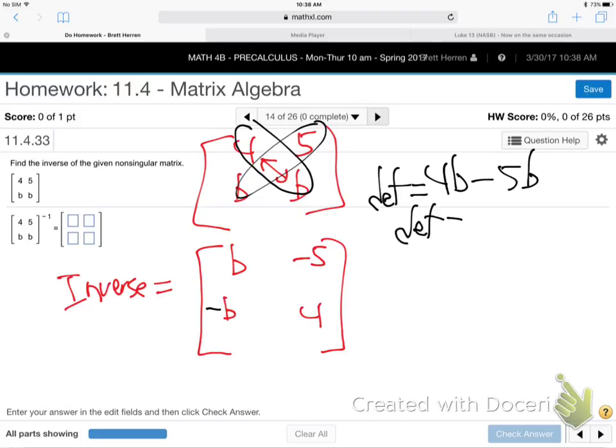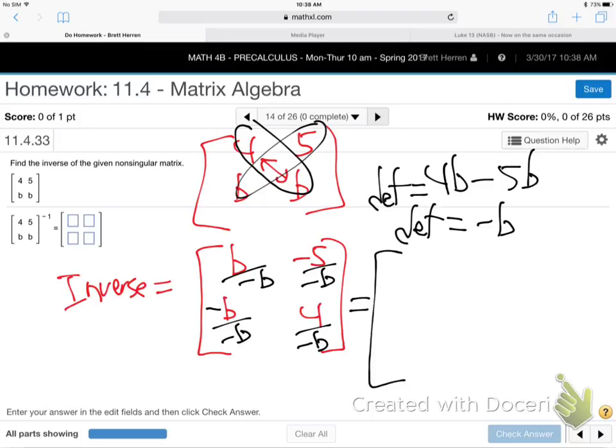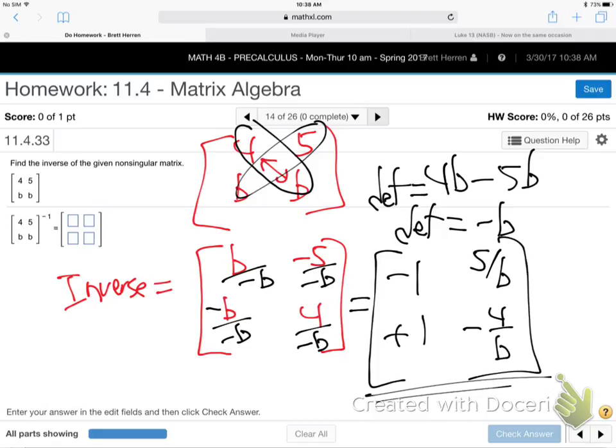So the determinant is actually minus b, isn't it? Everybody see that? So divide all these by minus b. Is that making sense? Which can be simplified a little bit to be minus 1, positive 5 over b, positive 1, negative 4 over b. There's the inverse.